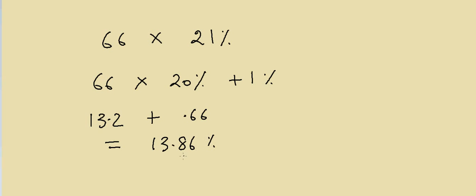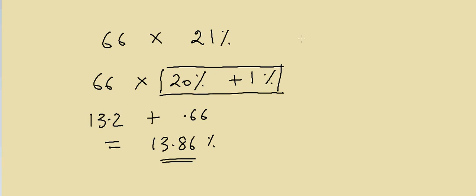Now mind you that right now we are splitting the percentage. We don't always have to split the percentages, we can also split the number itself. So let me do it this way. 60 plus 6, multiplied by 21%.